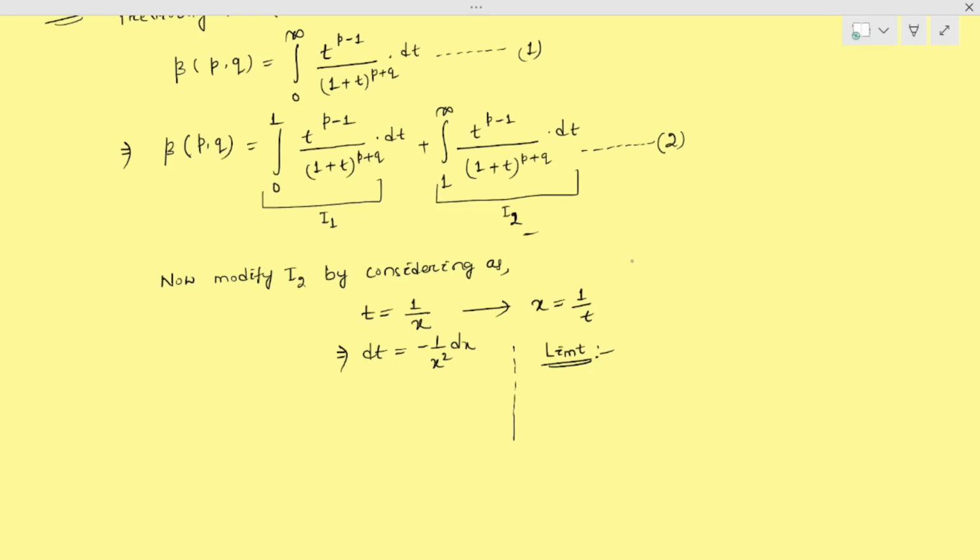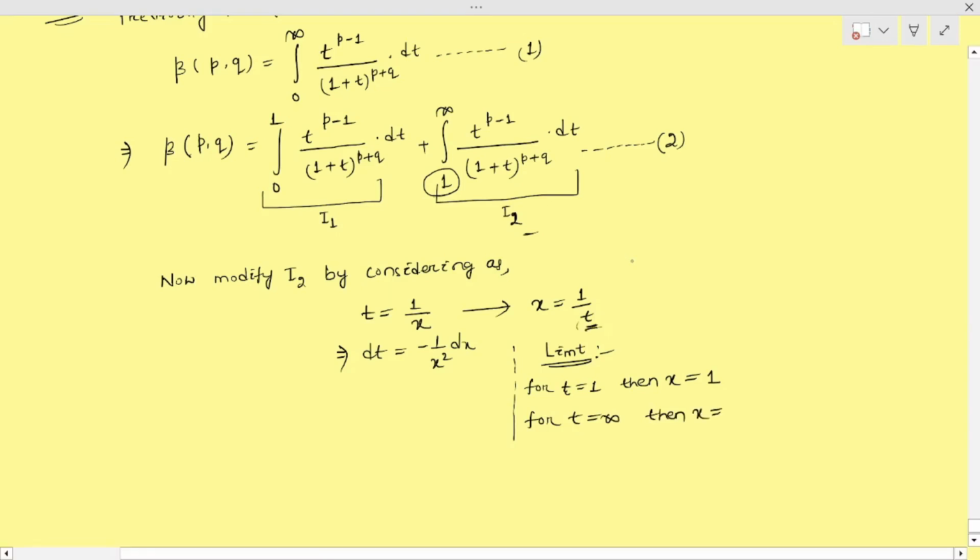So for t equal to 1, because the lower limit is 1, then x will be equal to 1. For t equal to the higher limit, which is infinity, then x will be 0, because if I put t as infinity, then x will be 0. So the new limit is 1 to 0.